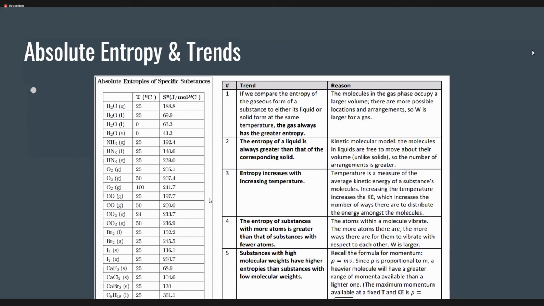So having that greater range of momentum with that bigger molecule adds to more entropy as well, because momentum can also be one of the factors that can increase entropy. All right, and that is all from this slide as well.